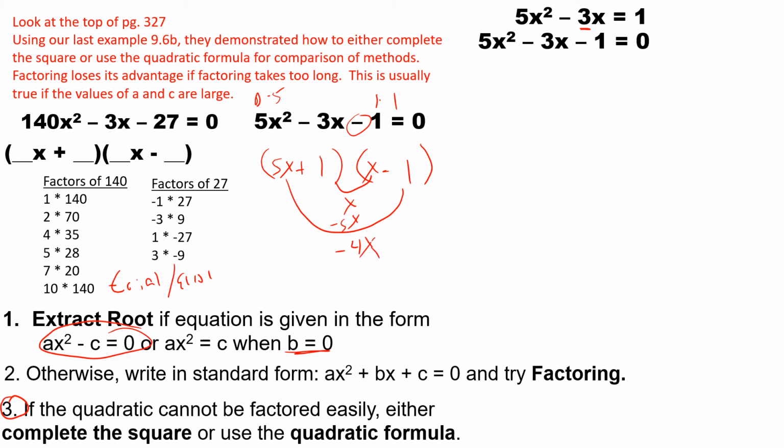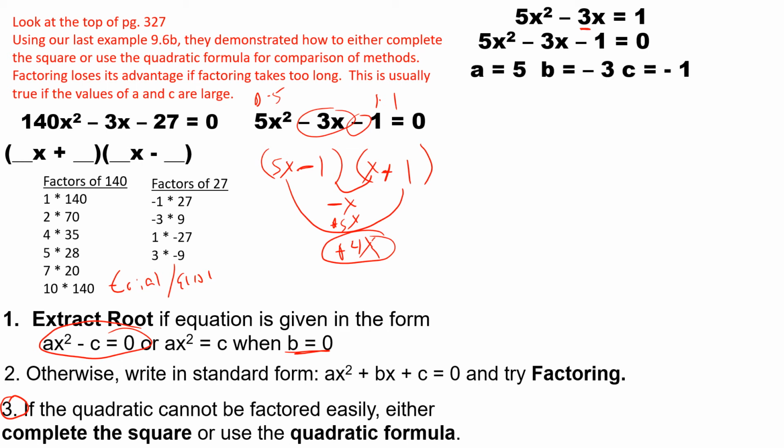I could try switching the signs. I could make this one positive, correct? And then I could make this one right here negative. And what that's going to do is make that negative positive. But as you can see, we're always going to get 4x. We will never get the 3. So this does not factor. So when it doesn't factor, you're again going to use complete the square or the quadratic formula.